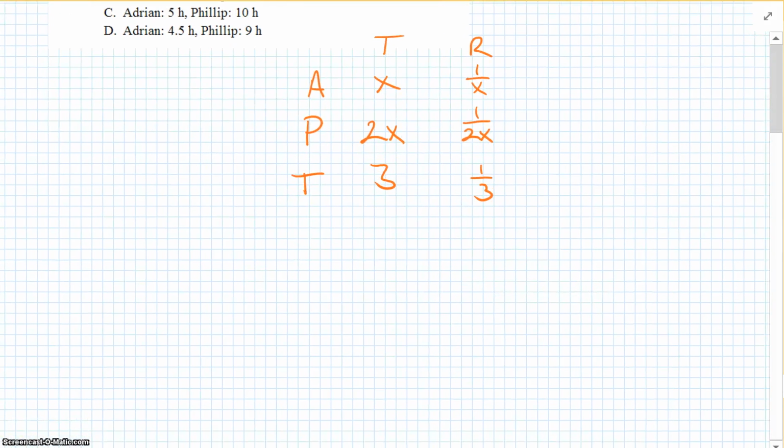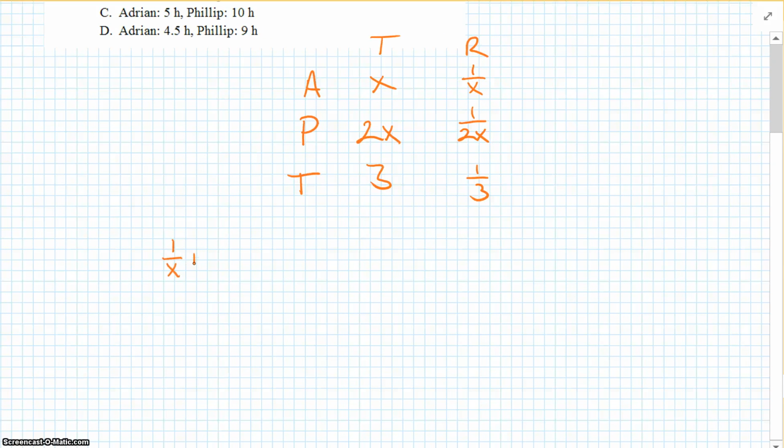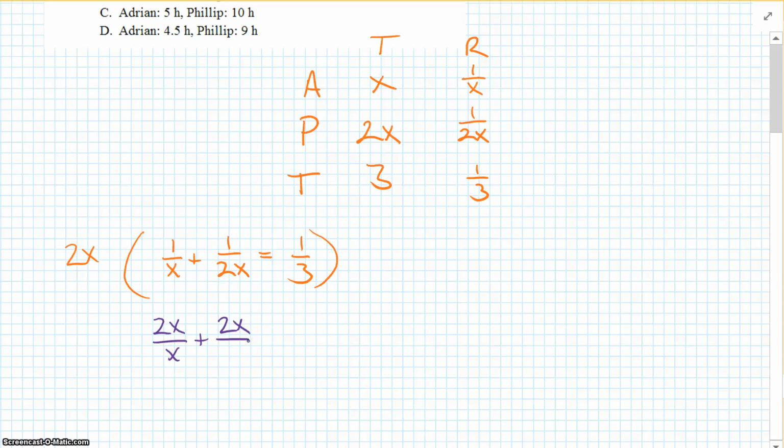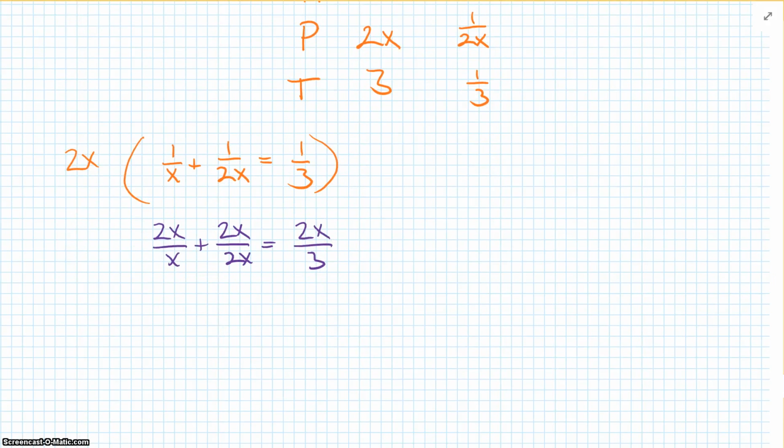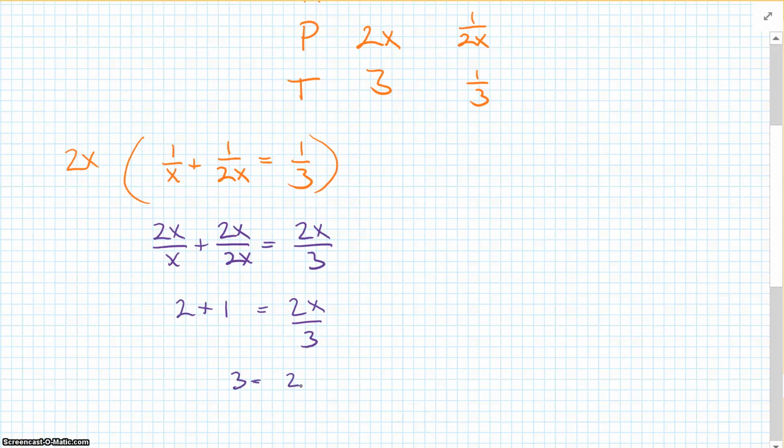So same concept. 1 over x, Adrian's rate, plus 1 over 2x, Philip's rate, equals 1 over 3, their combined rate. So right here we can multiply every term by 2x. When we do that, we get 2x over x plus 2x over 2x, which equals 2x over 3. So that's 2 plus 1 equals 2x over 3. So 3 equals 2x over 3.